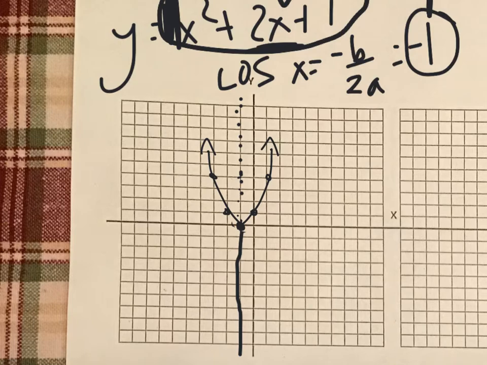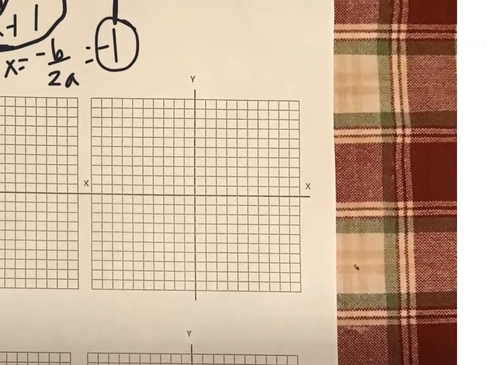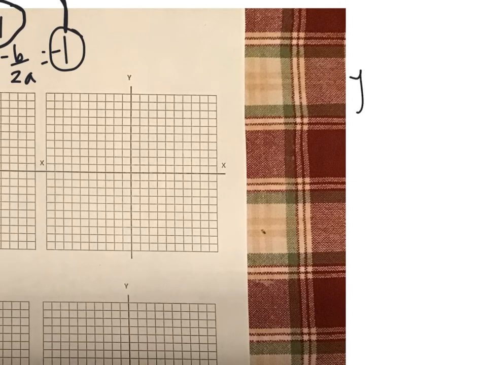Let's try another one of those. We'll go on this graph right here. Let's say we've got y equals 2x squared plus 4x plus 1.